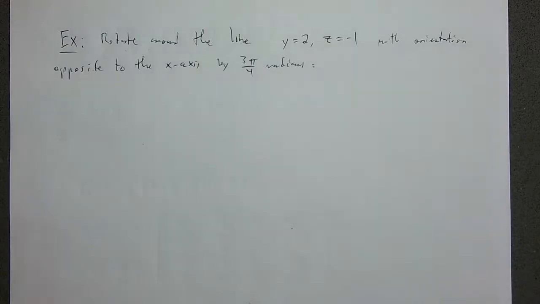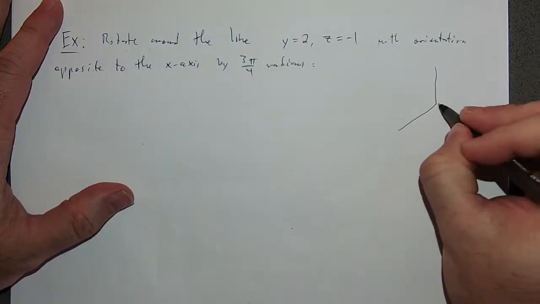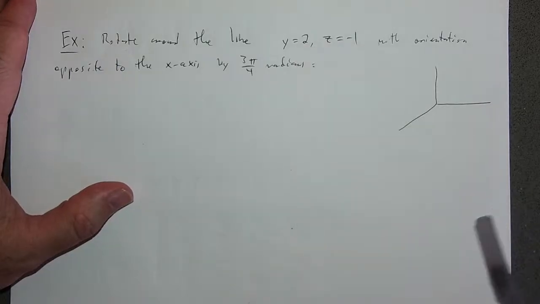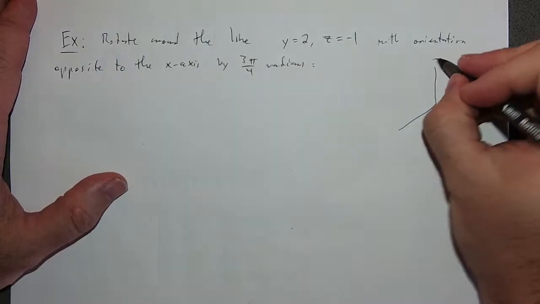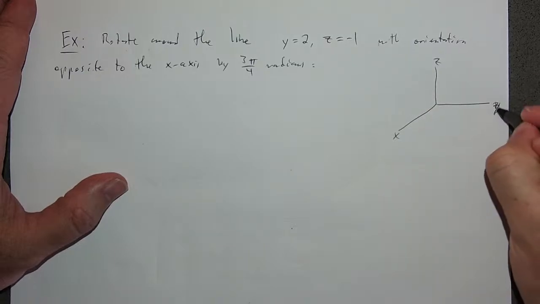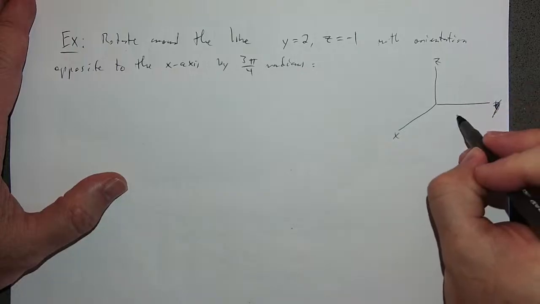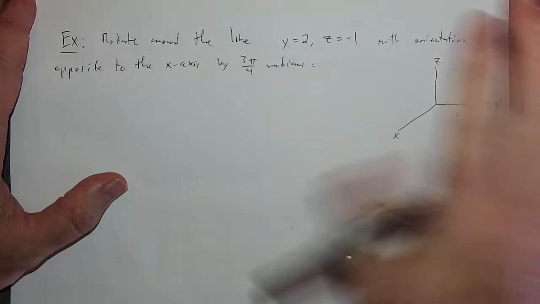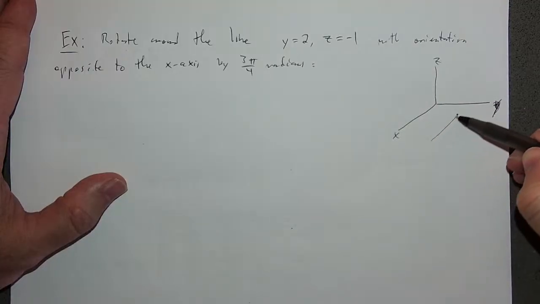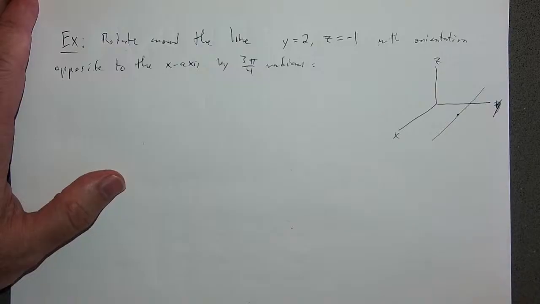Well, I can draw the picture here to help, but again, at some point, drawing the picture, you have the intuition for what is going on here. So if I redo this, sorry, this is y here. Y equals 2, z equals -1. So the page is the YZ plane, and the line in question goes out of the page, or into the page.